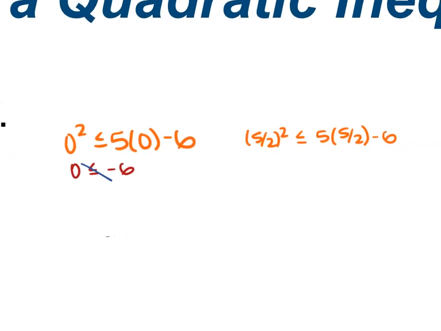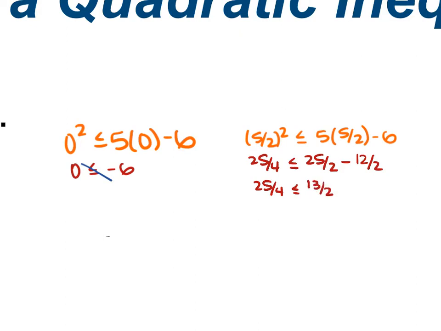For the 5 over 2, the 5 over 2 squared is 25 over 4, is less than or equal to 5 times 5 over 2, which is 25 over 2. And I'm going to just turn that 6 into 12 over 2 so I have a like denominator. If I subtract these, I'm going to have that 25 over 4 is less than or equal to 25 minus 12, which gives me 13 over 2.